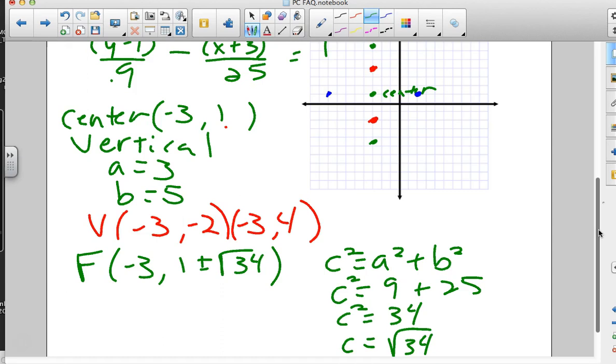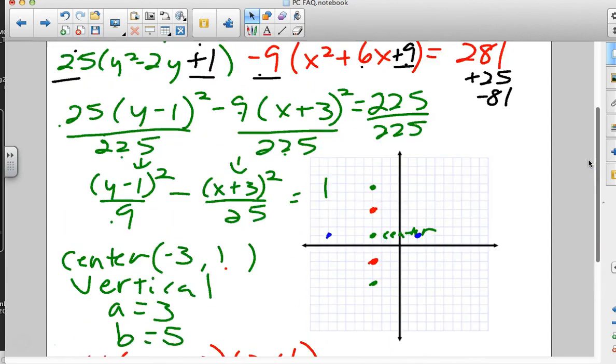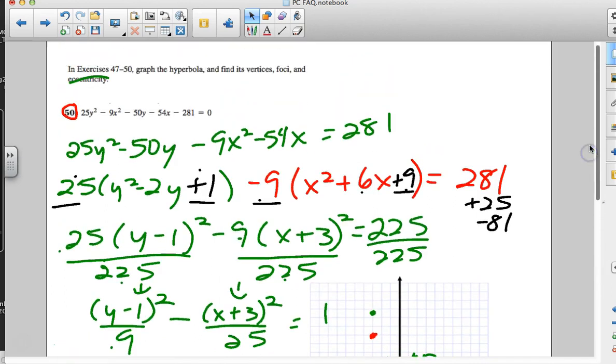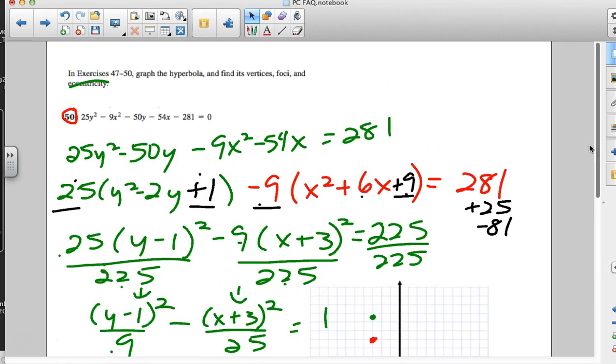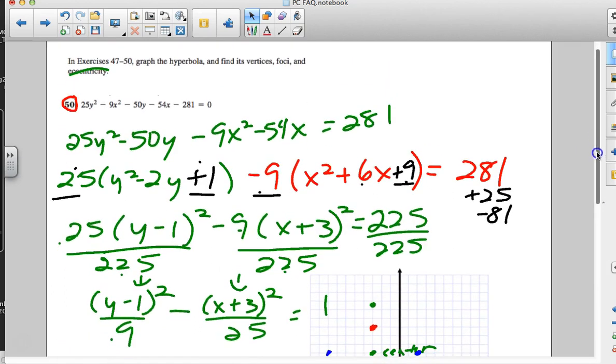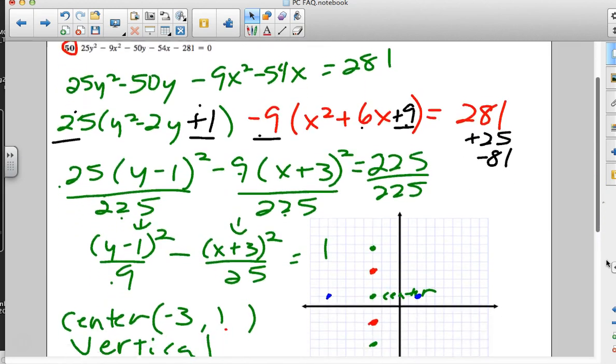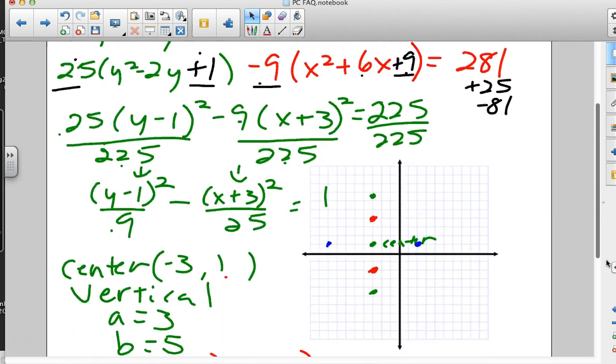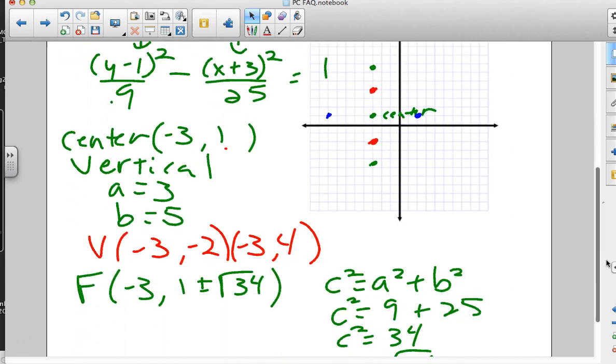All right. Make sure I did everything they said to do. Well, I didn't finish graphing it yet, but graph the hyperbola, find its vertices and foci. Yeah, I've got that. So what I need to do is make my little box and get this on here. And the box is, of course, made up of those vertex and co-vertex points.